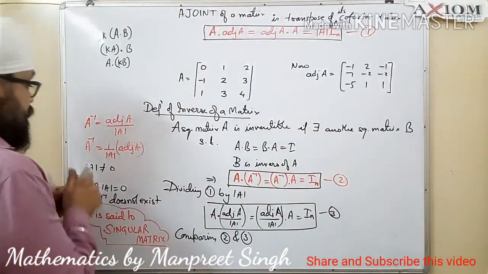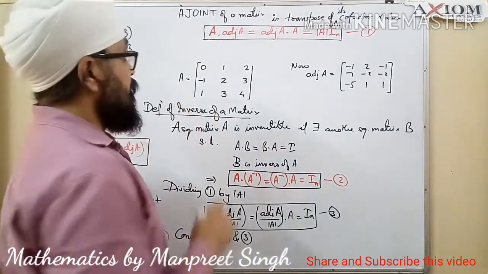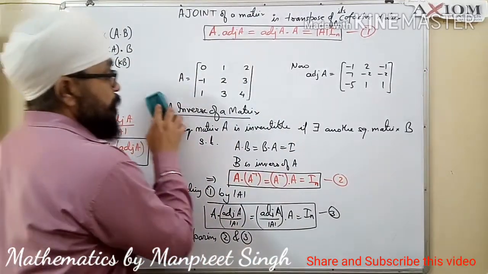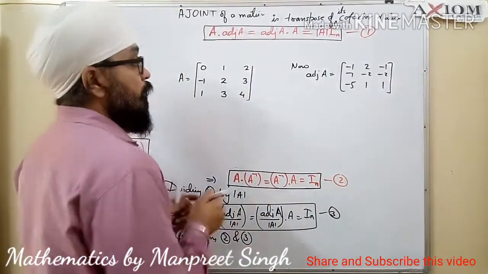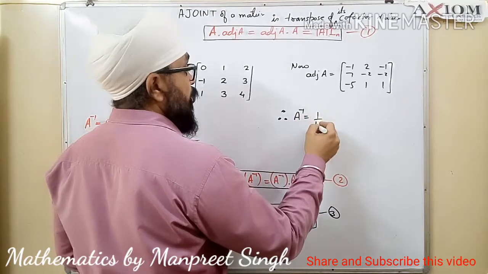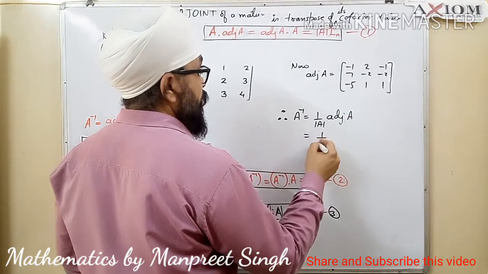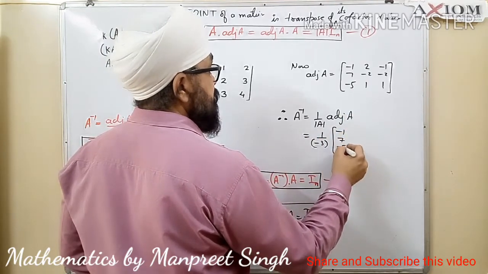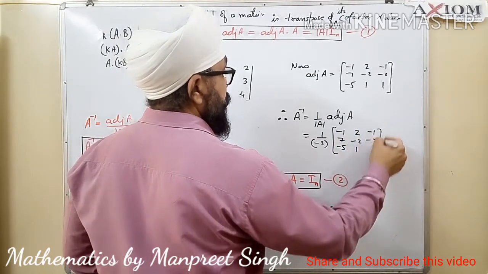So as we have discussed here, we got that inverse, and we are already having one example going on. So I'll be writing this one, removing this definition. We can write now, therefore A inverse is 1 upon determinant of A into adjoint of A, which will give you 1 upon minus 3, and the adjoint is 7 minus 5, 2 minus 2, 1, minus 1, minus 2 and 1.